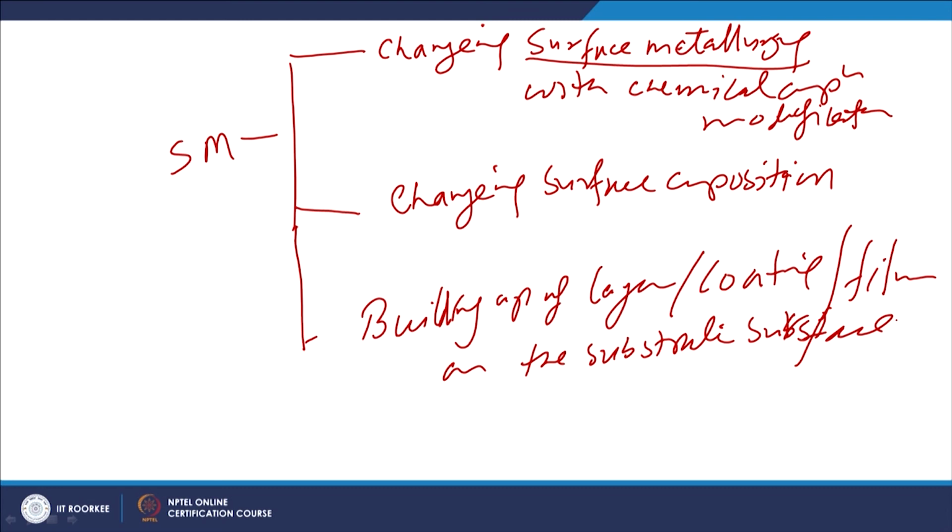So, we will be starting the surface modification techniques from the first category, where surface metallurgy is modified without changing the chemistry for the required improvement in properties. This approach of surface modification heavily relies on changing the surface microstructure through thermal methods or through mechanical methods.